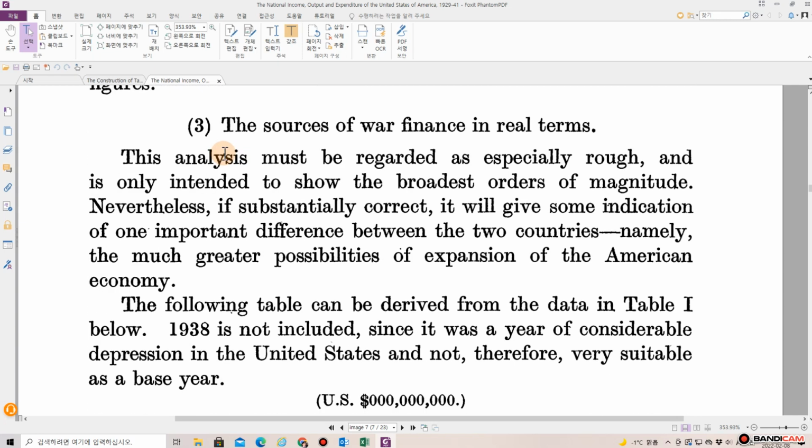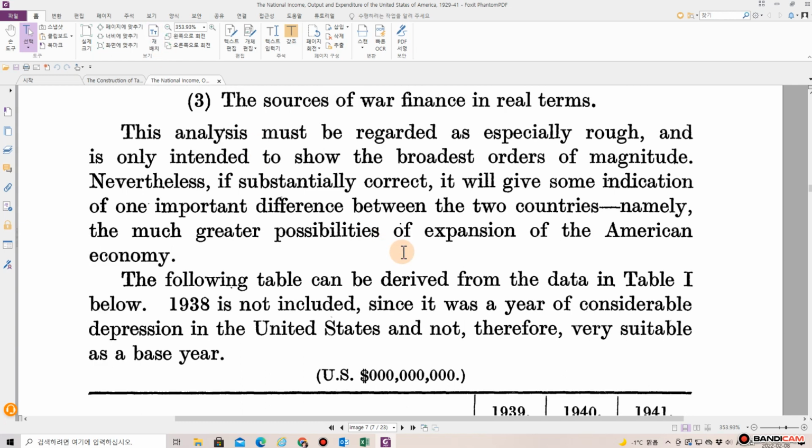3. The sources of war finance in real terms. This analysis must be regarded as especially rough and is only intended to show the broadest orders of magnitude. Nevertheless, if substantially correct, it will give some indication of one important difference between the two countries, namely the much greater possibilities of expansion of the American economy.